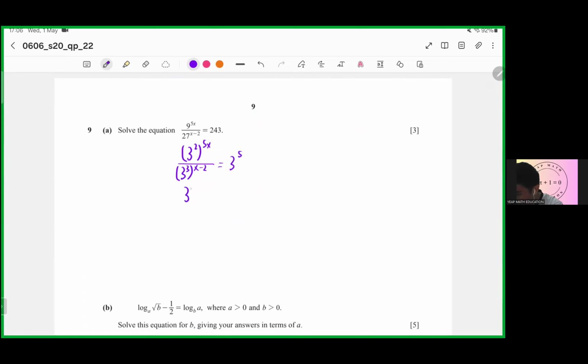Now we get 3 power 10x over 3 power (3x minus 6) equals 3 power 5. So 10x minus 3x plus 6 equals 5, 7x plus 6 equals 5, 7x equals -1. So x we get is -1 over 7.